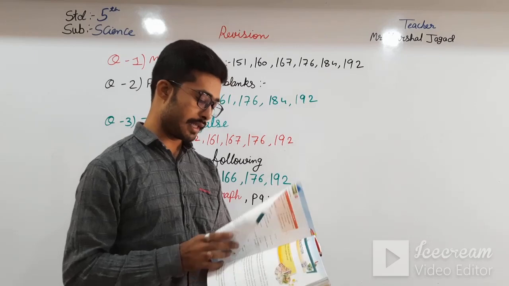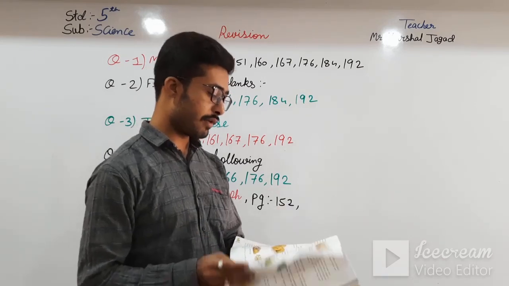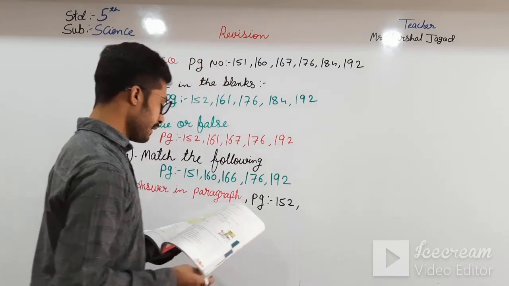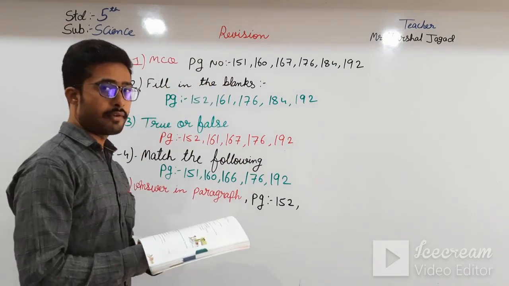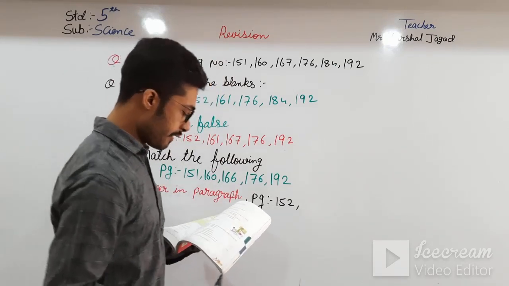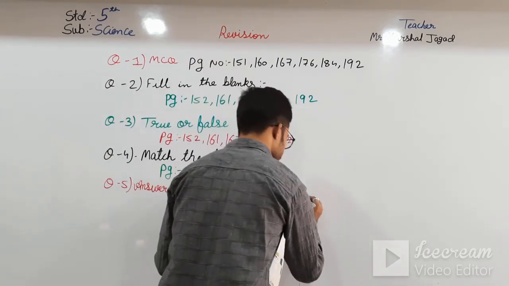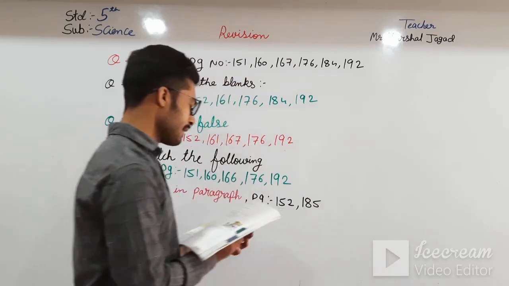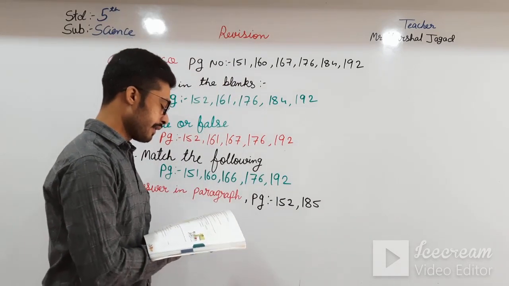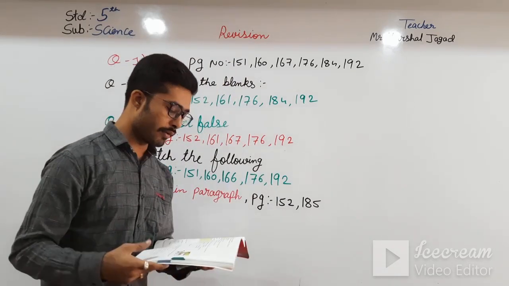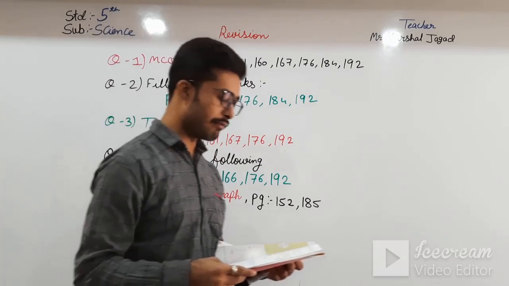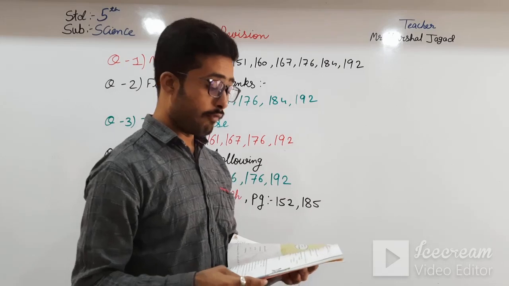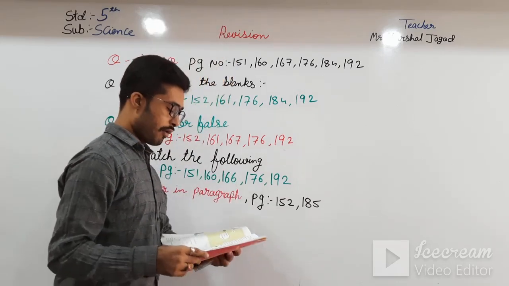Question number 5, yes, here in lesson number 5, on page number 185, there is answer in paragraph, that is mention some of the wrong food habits given, give reason why they must not be followed.